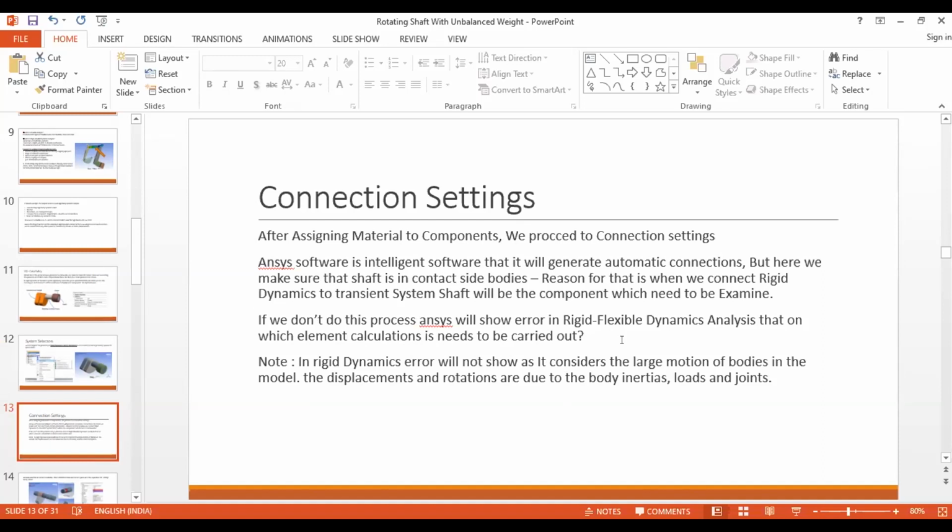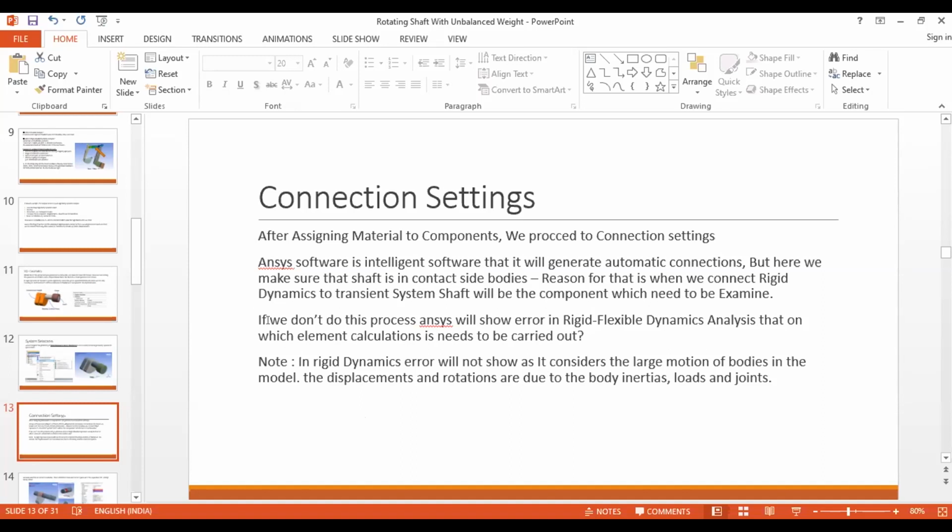The reason is that when we connect the rigid dynamics to the transient system, the shaft will be the component which needs to be examined. Like I said, I am only focusing on the shaft, so that's why we are going to examine only the shaft component.